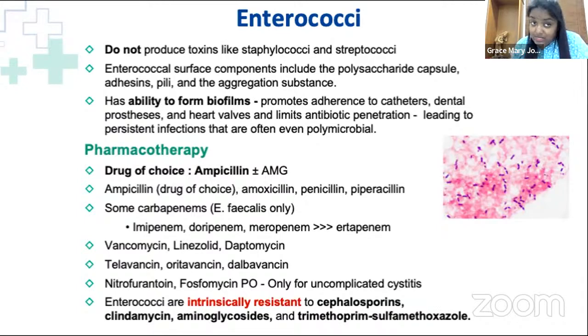But for enterococcal endocarditis, the IDSA has suggested ampicillin plus cephalosporin. Even though it is intrinsically resistant to cephalosporin, double beta-lactam with ampicillin and cephalosporin is one strategy that we use to treat infective endocarditis.